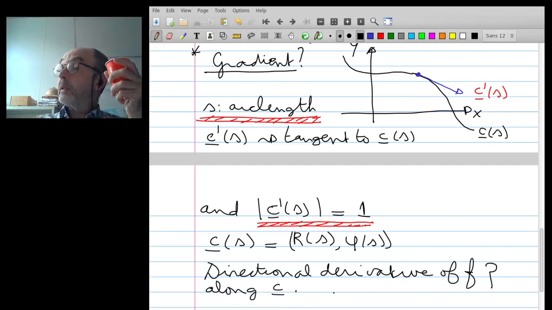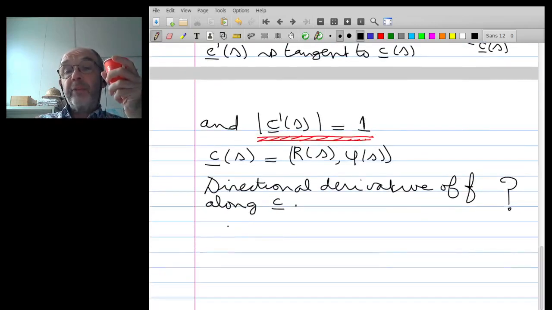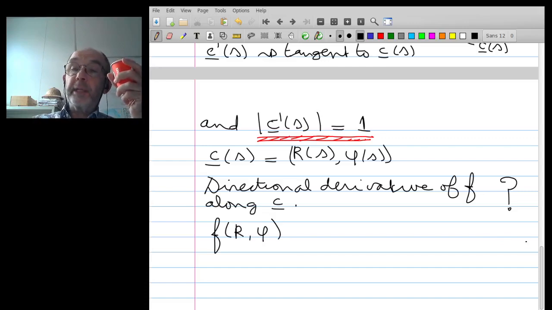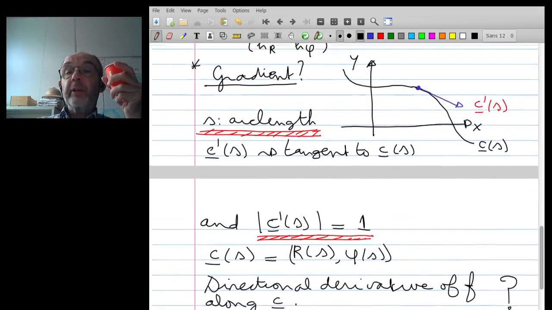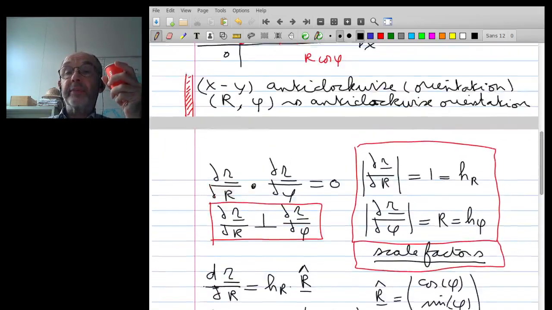That is now our question: the directional derivative along c, where our function f is given by r and phi. Those are the variables you have to fill in to get a value for your f.